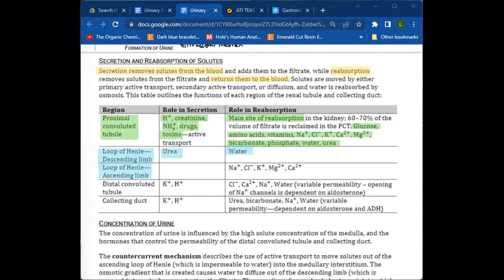The ascending loop of Henle is mostly putting things back into the blood.